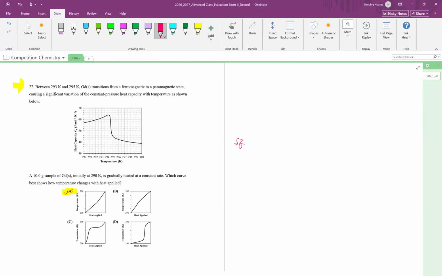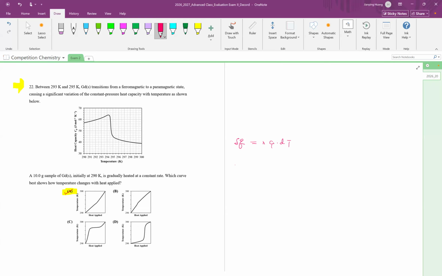Because, very good, Q is a path function. You cannot use dQ, as high school AP chemistry does. That's totally wrong. Delta Q equals n Cp delta T. Why? Delta T is a state function.